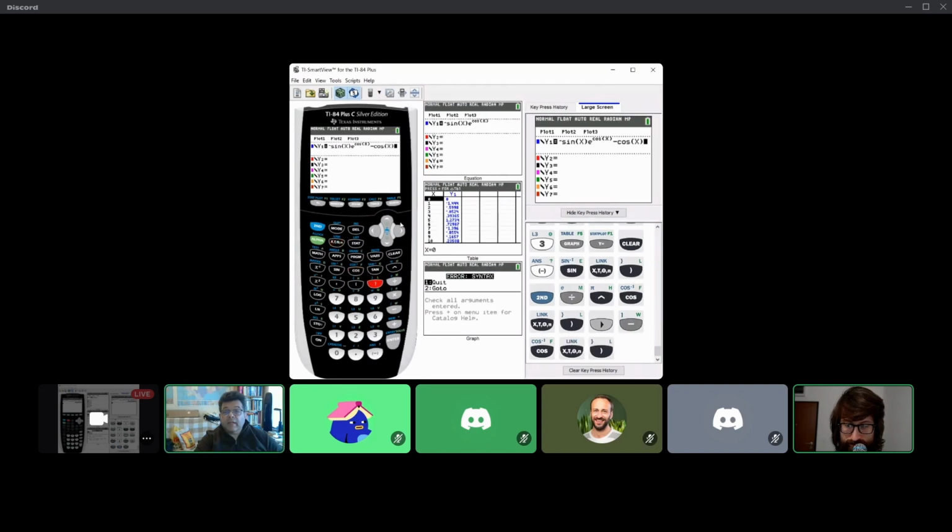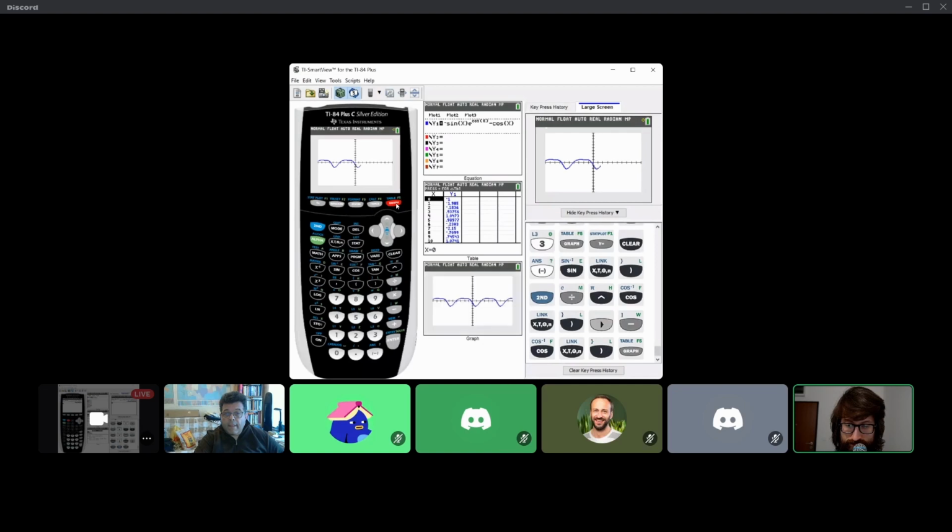Okay, so that's a derivative function, and that we can graph. Okay, so here's the graph. And we now can look at the table.